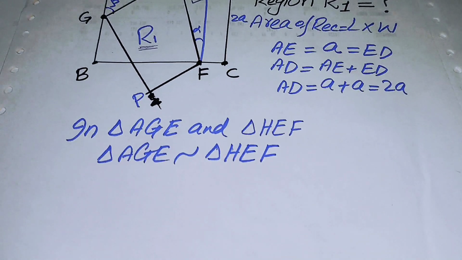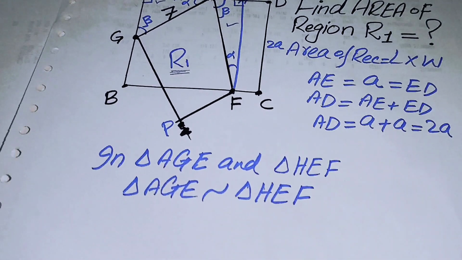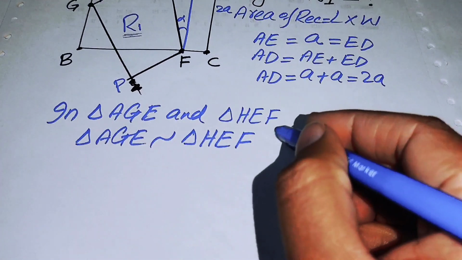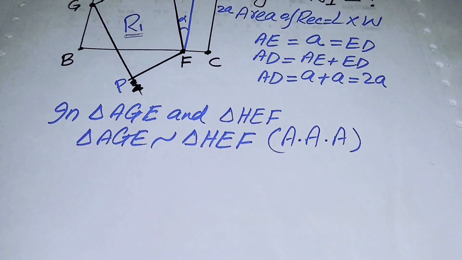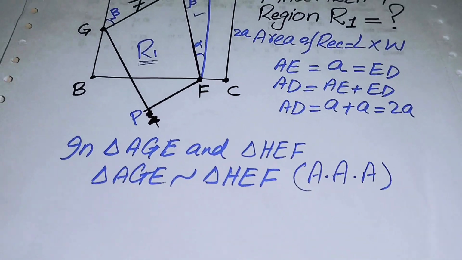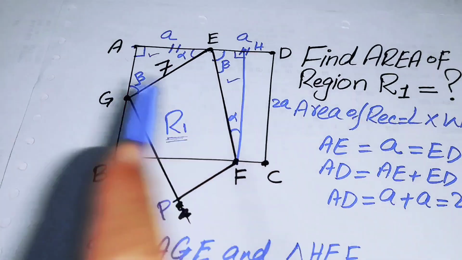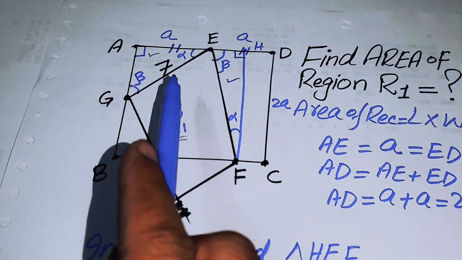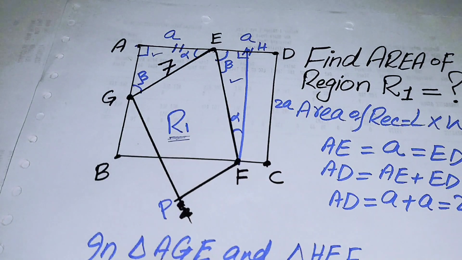Here we use the angle-angle theorem. You know that if two triangles are similar, then the ratios between the sides of these two triangles are equal.